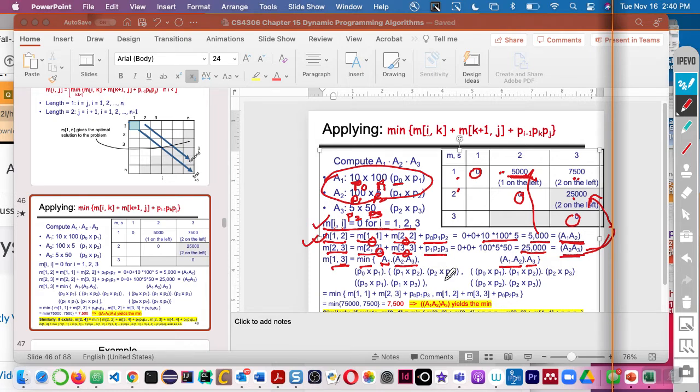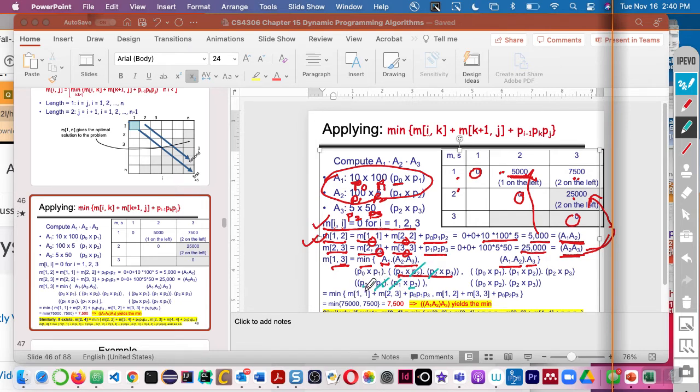The inner dimensions cross out, yielding a P1 by P3 matrix, and the total multiplication needed is P0 times P1 times P3.